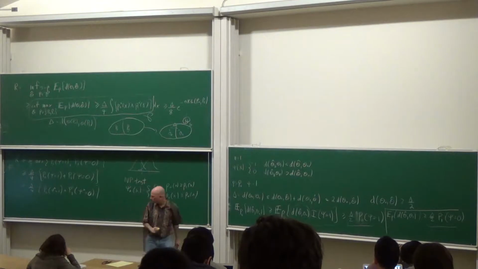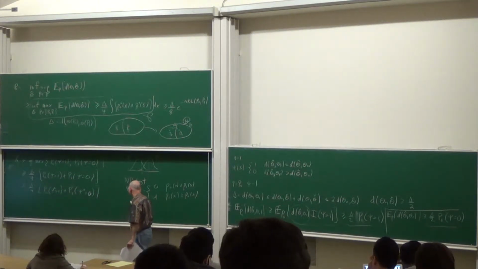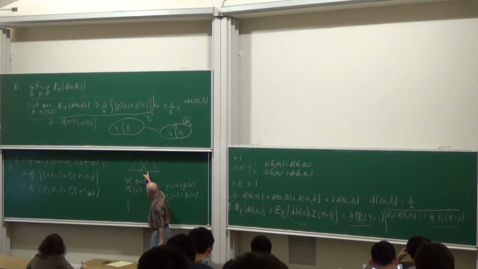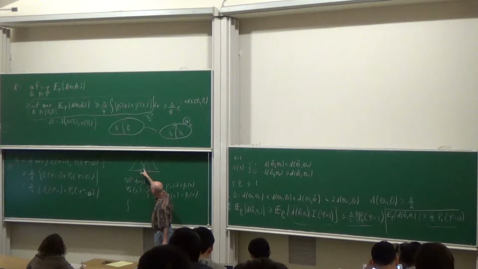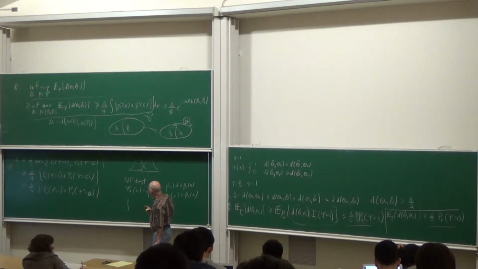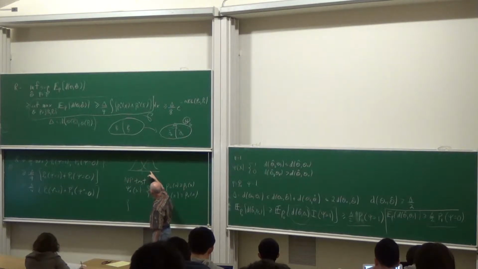Let's look at this. What's the probability of an error under P0? Let's imagine you draw from P0. When would you make an error? You're always going to declare 0 when P0 is higher. But if you happen to draw a point here, then you'd make an error, right?